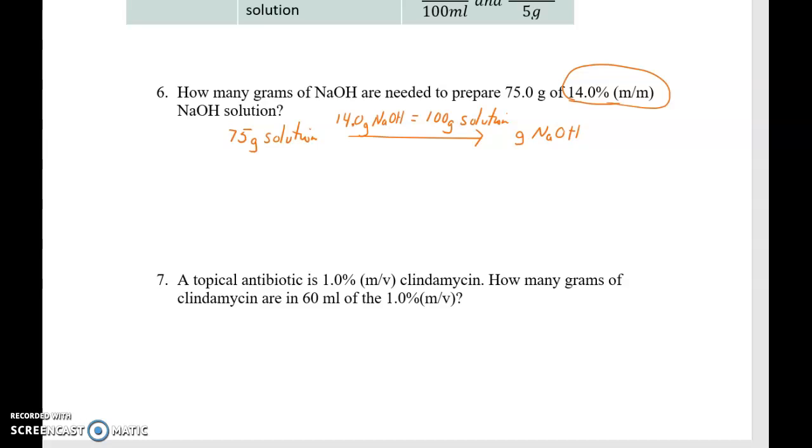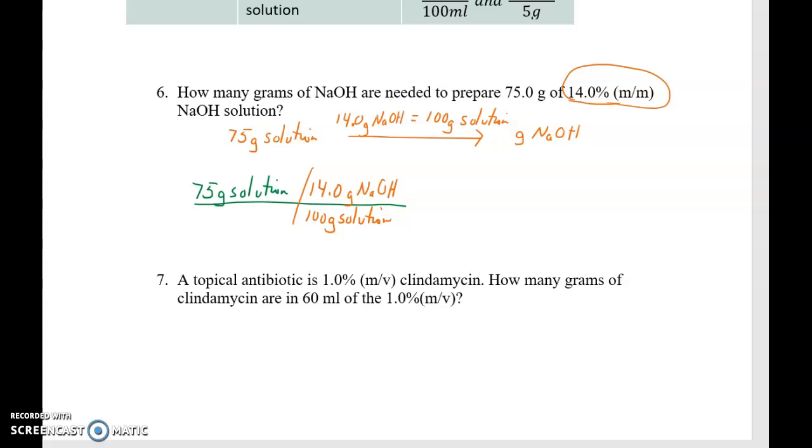Okay. So now I'm ready to write my problem. I'll write 75 grams of solution. And then I'll draw my line. And then I'm going to use the equality here to write a conversion statement. I want grams of solution in the bottom, so we'll put 100 grams of solution down in the bottom, and we'll put our 14 grams of sodium hydroxide in the top.